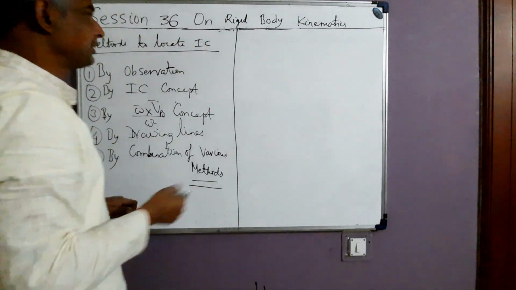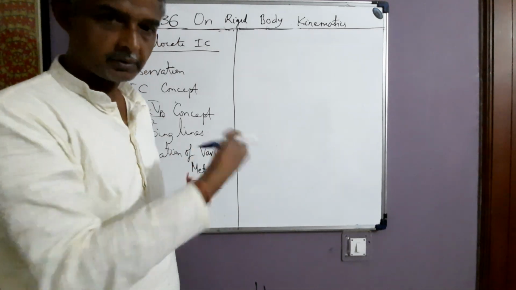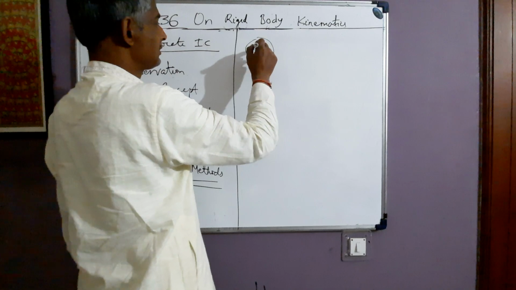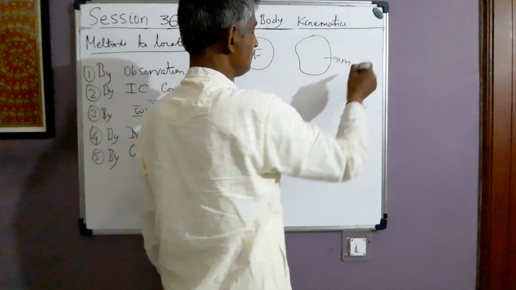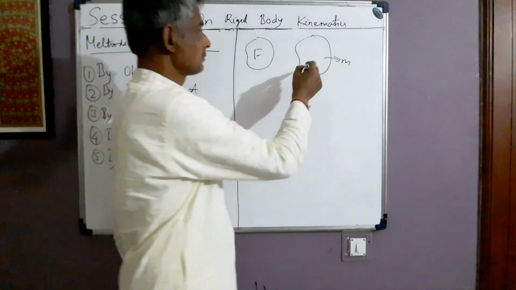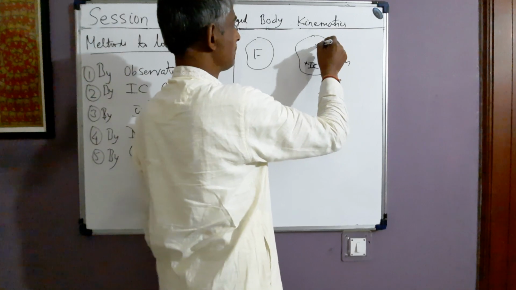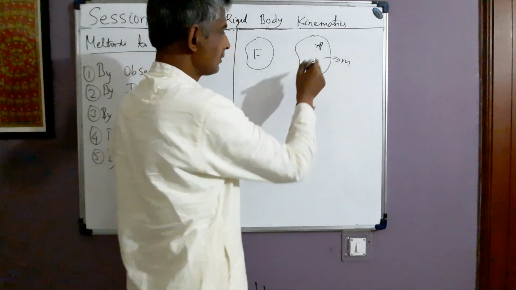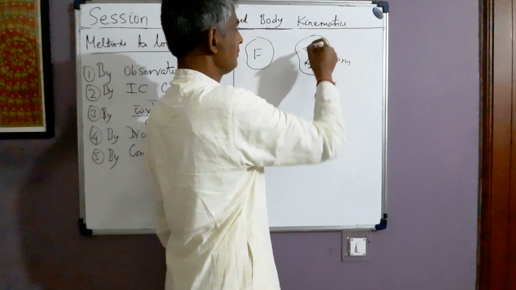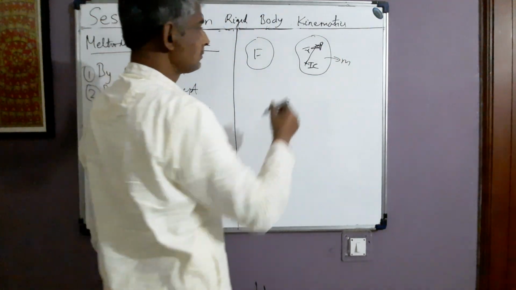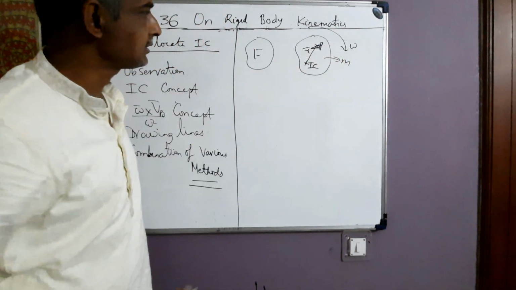So the first method I take up. Before going ahead, I'd like to state a result of the previous video. If this is the frame F, this is the rigid body M in plane motion with respect to F, this is one of its ICs in one base plane, and this is some other point P in the same base plane, with vector R from IC to P. Suppose the angular velocity of M with respect to F is omega clockwise.